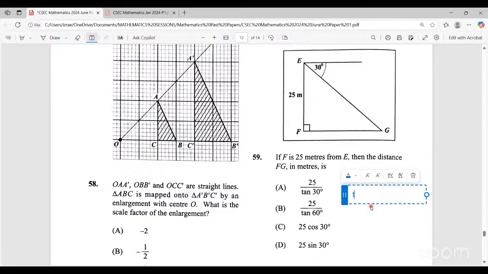So tan 30 degrees would be opposite, which is 25, over adjacent, which is FG. If I carry FG here and carry tan 30 below, I'll get FG equal essentially to 25 over tan 30 degrees, which is E.